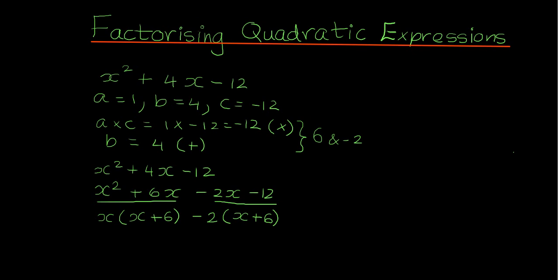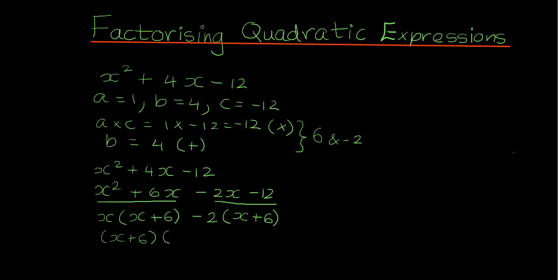the whole thing. So when I say the whole thing, I mean the whole thing, right? So the highest common factor is going to be x plus 6, which is basically from these two brackets.